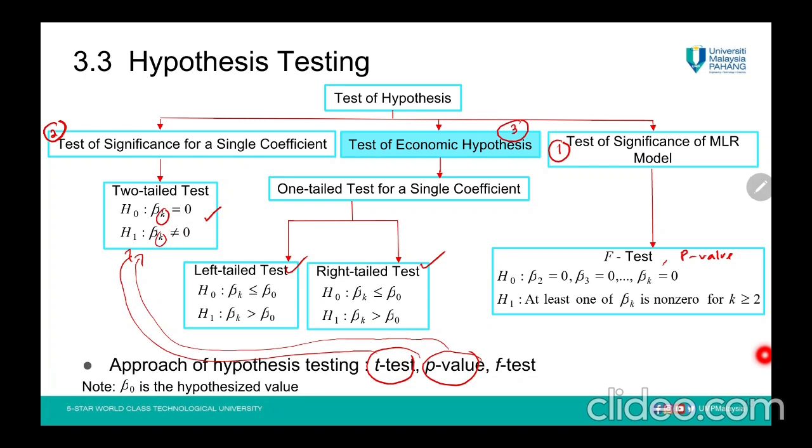The test used here, either p-value or t-test, depends on the approach given. So when we look at the hypothesis stated here, either for the left-tailed test or the right-tailed test, the beta naught here is the hypothesized value.